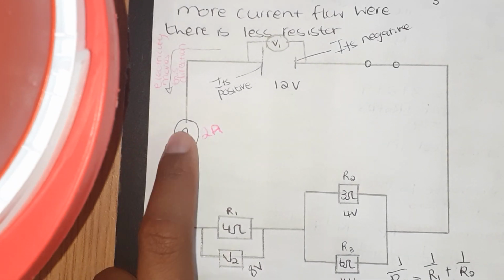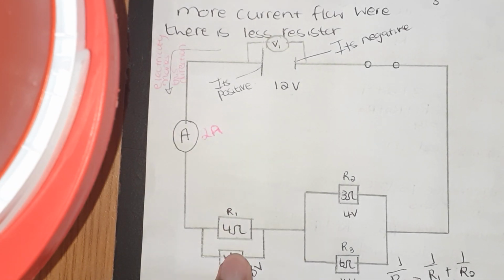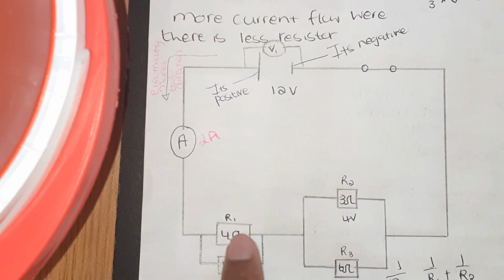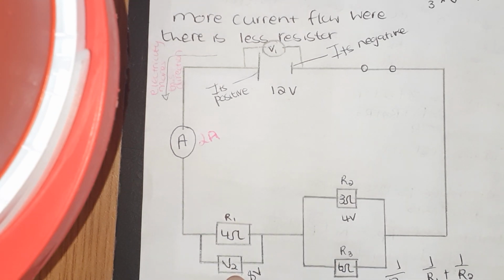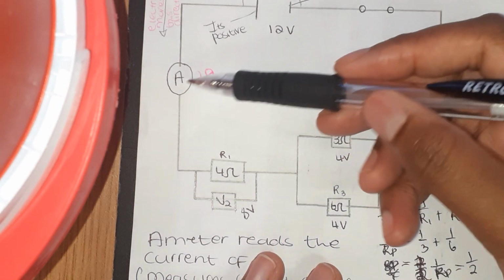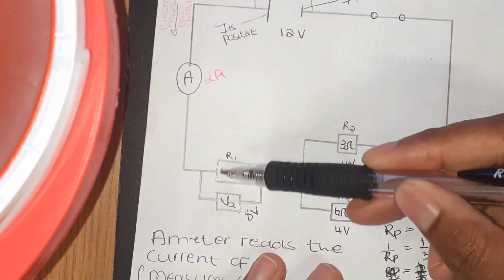With this reading on the ammeter, this times this equals this, right? So this times this 3 will give you this. So for you to get this voltage here, you still do the very same thing. You still say this ammeter times resistance.